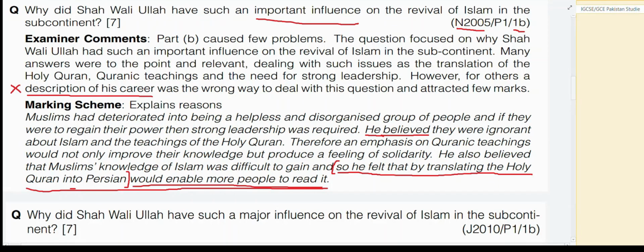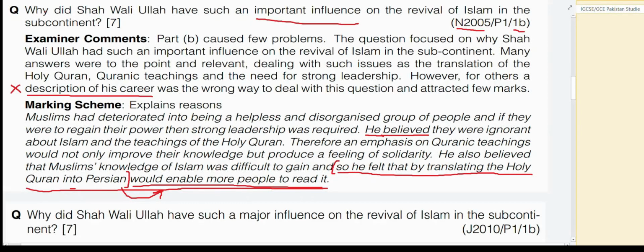So there are all 3 things: beliefs, he believed, right? His contribution, his work, and his importance. Remember, importance and influence is always created from work or contribution, right?